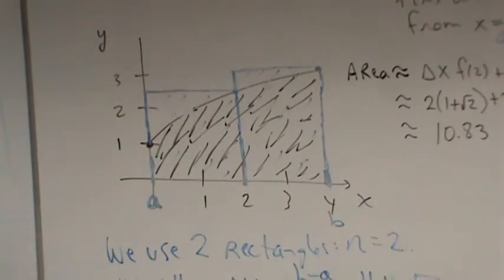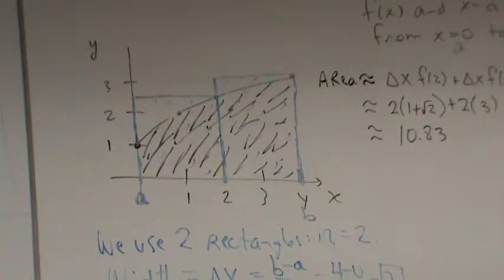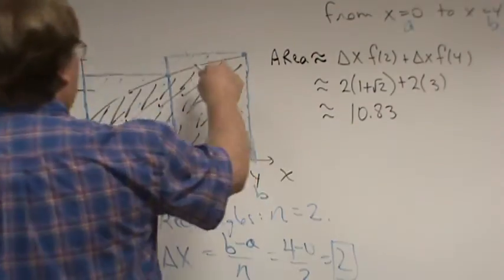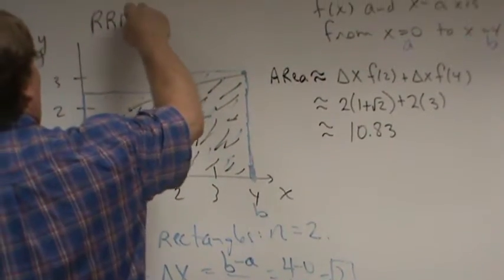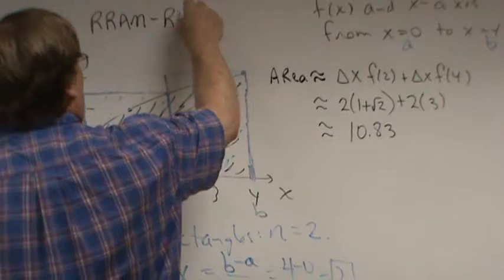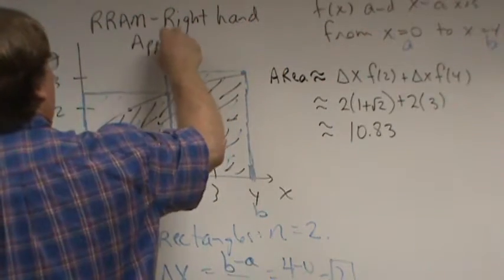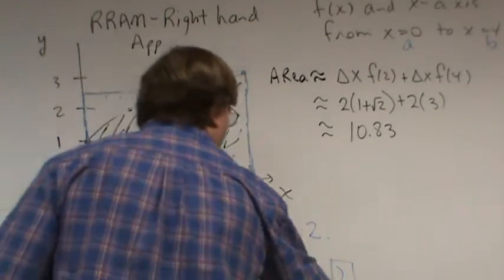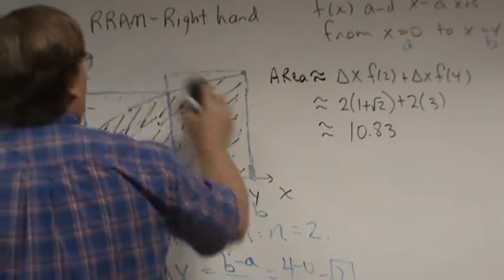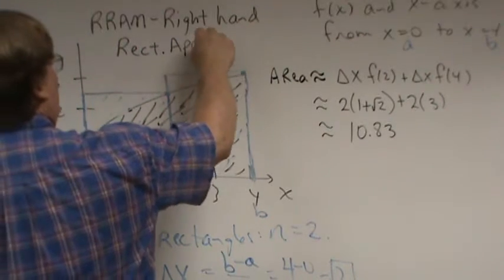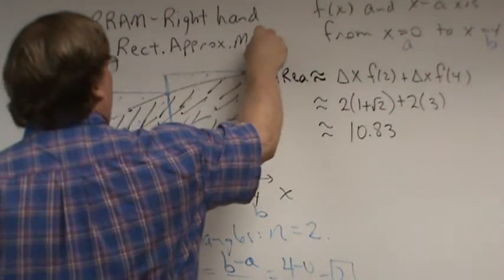Now, is that blue area too big or too small? Too big. Yeah, too big, okay? And I want to remind you again, this was RRAM, which is right hand rectangular approximation method.